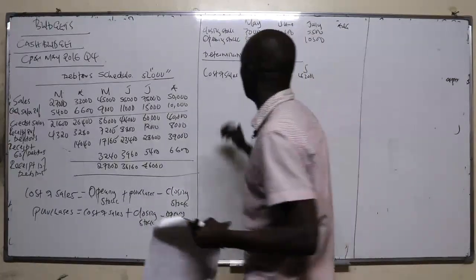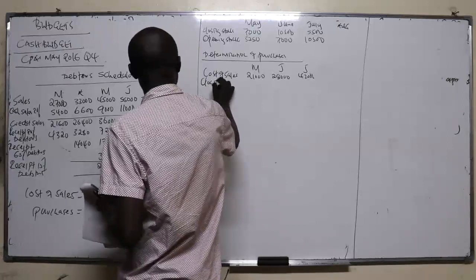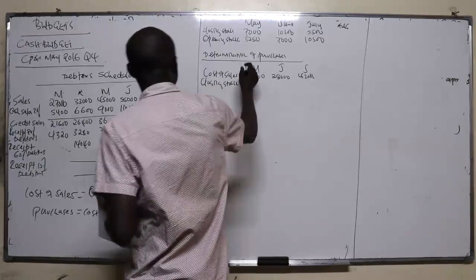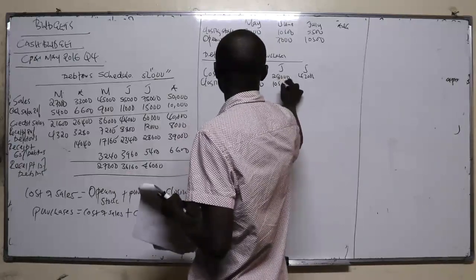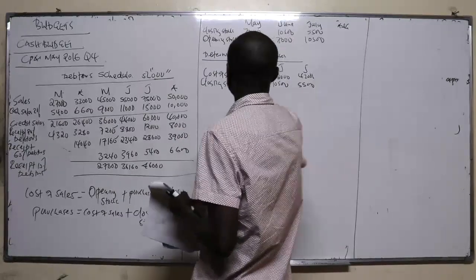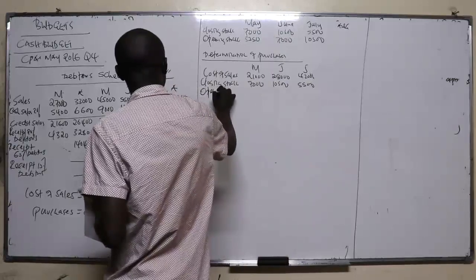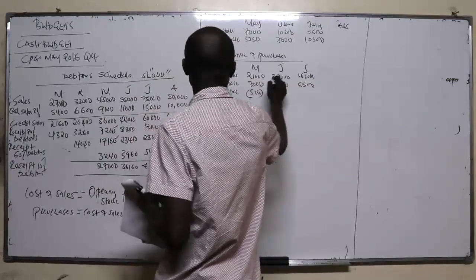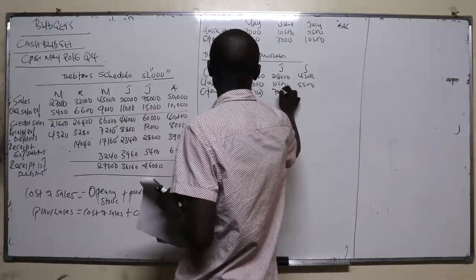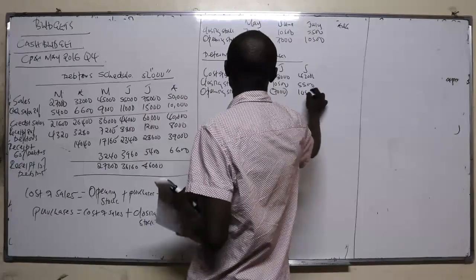Closing stock. Closing stock we had in May is how much? 7,000. 10,500. And then we less opening stock. 52.50. And then this is 10.